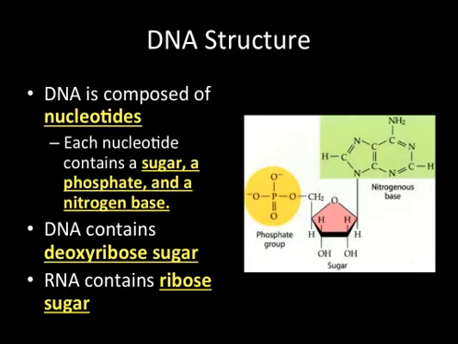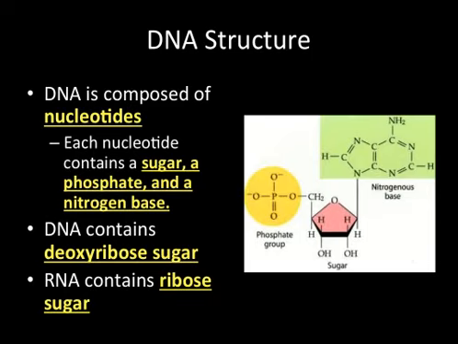Now, there are two different types of nucleic acids that we're going to look at in this course, DNA and RNA. DNA contains deoxyribose sugar, which is why it's called DNA, because the sugars are different between DNA and RNA. That's what allows them to have different names. RNA simply contains ribose sugar.